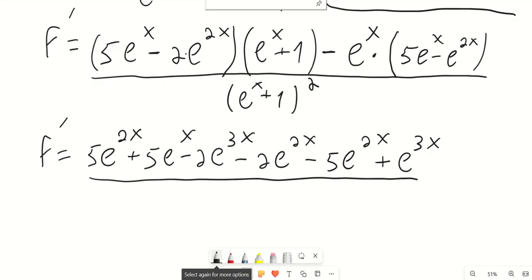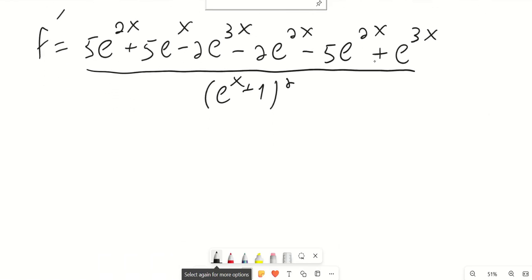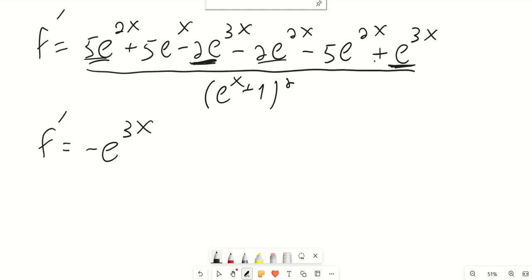Going back to developing the derivative expression, I still have the denominator here, square, and now I have minus 2 times e to the power of 3x and 1 time e to the power of 3x, so I get minus e to the power of 3x, 5 times e to the power of 2x, and minus 2 times e to the power of 2x, and minus 5 times e to the power of 2x is minus 2 e to the power of 2x.